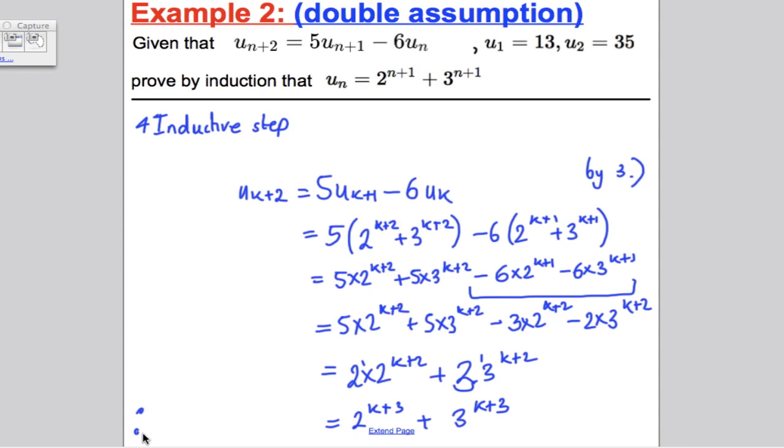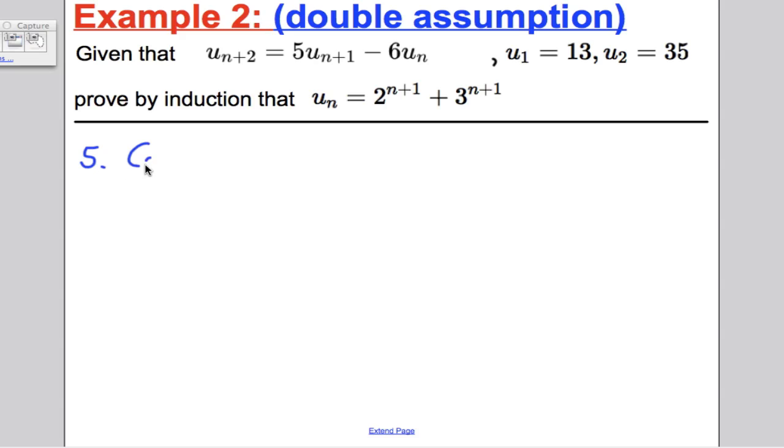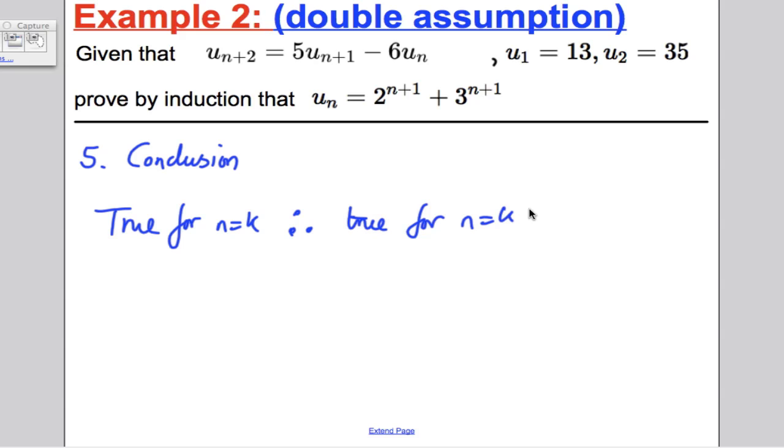and we've done it. So we can say, therefore, true for n equals k plus 2, assuming it was true for k and k plus 1. And that's it, we're pretty much done, apart from our conclusion, and our conclusion is always the same thing. We're saying true for n equals k, therefore true for n equals k plus 1.